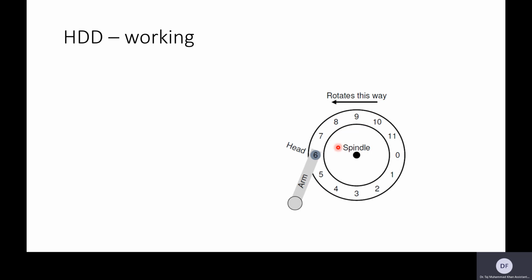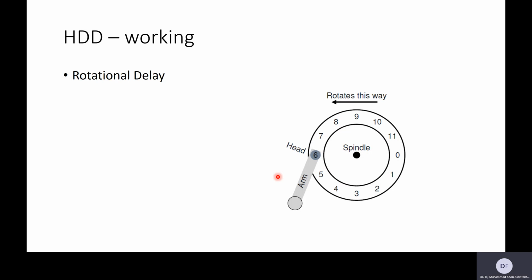Okay. So if we want to read data from sector number 5, then we'll have to give it a full rotation, so that sector number 5 rotates and comes here under the head. Only then will we be able to read or write data from sector number 5.